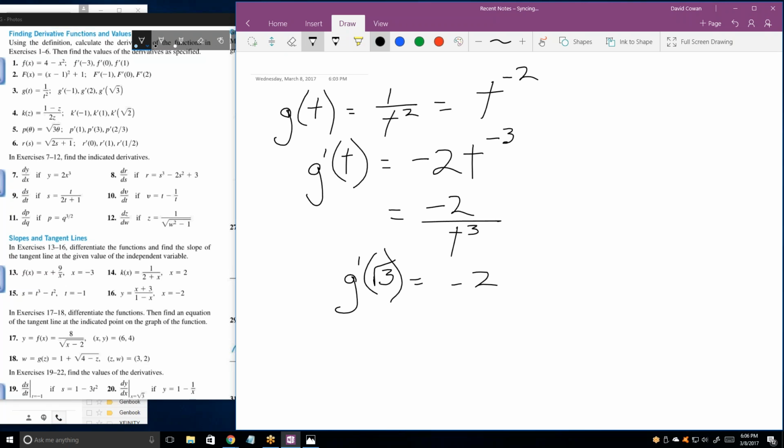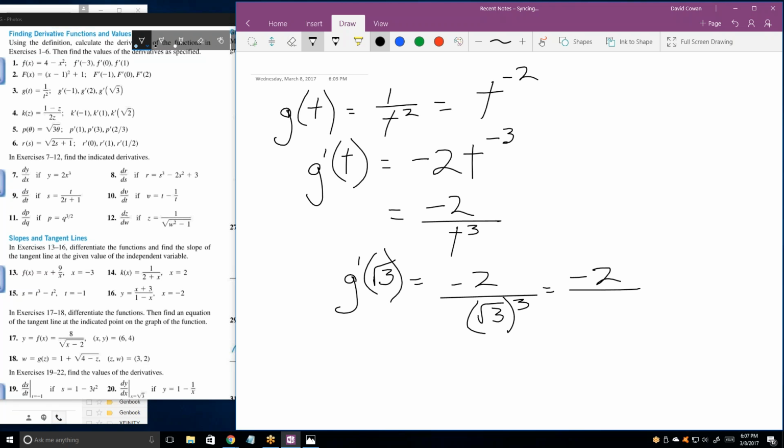It's minus 2 divided by root 3 cubed. Okay? Now, root 3 cubed can be simplified. Remember what it is. It's root 3 times root 3 times root 3. What's that simplified to?